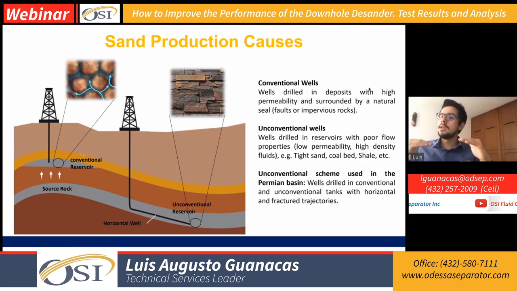Another type of well is unconventional wells. These are wells completed in low permeability reservoirs or reservoirs with high density or viscosity fluid. For instance, we can name tight sand, coal bed methane, shale, etc. Right now, in the Permian Basin, we use a different terminology for unconventional wells.